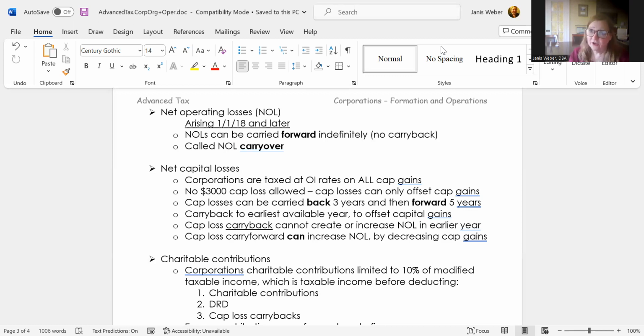And then if there are still none there, you can go to 2021 and offset any capital gains in that year until you use them up. If you still haven't offset all your capital losses, then you would carry them forward to your next year. And as soon as you have capital gains, you can offset them with your carryover capital losses, but you can't offset other income. So that's just one difference for corporations.